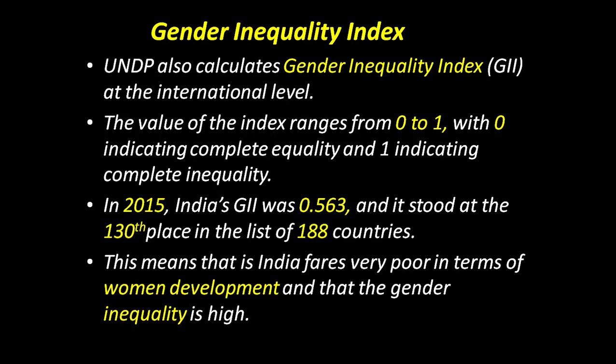So according to the 2015 census, India's gender inequality index was 0.563 and it stood at the 130th place in the list of 188 countries. This means that India fares very poorly in terms of women development, and that gender inequality is very high in our country.